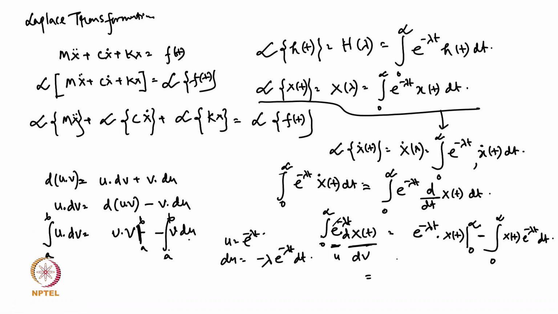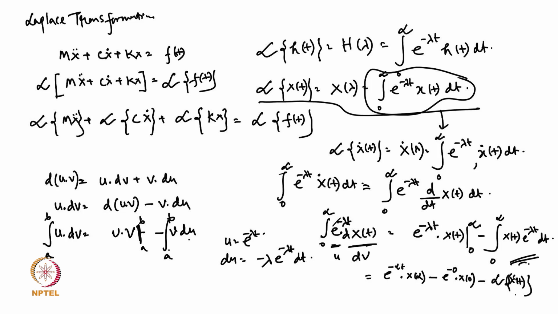So I can write it as e to the power of minus lambda infinity into x of infinity minus e to the power of minus 0 into x of 0, minus, and this term, if you see, is nothing but the Laplace of x t. Now e to the power of minus lambda times infinity is nothing but 0, because the exponential function is decaying, so this gives you 0.